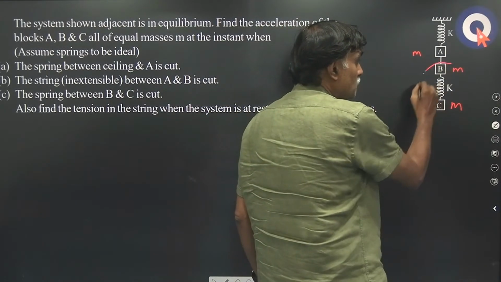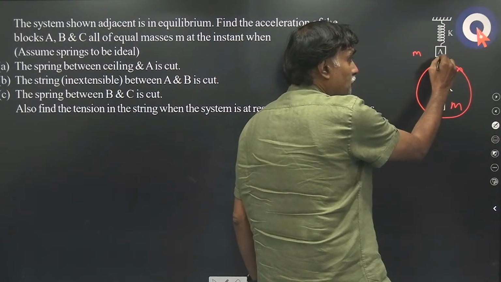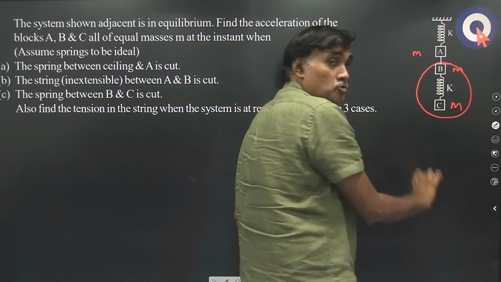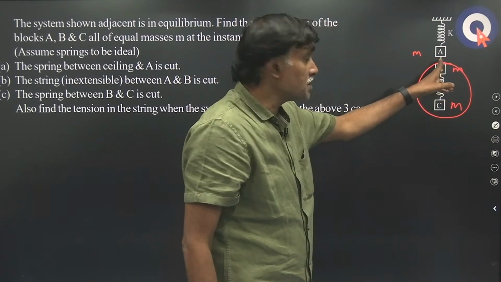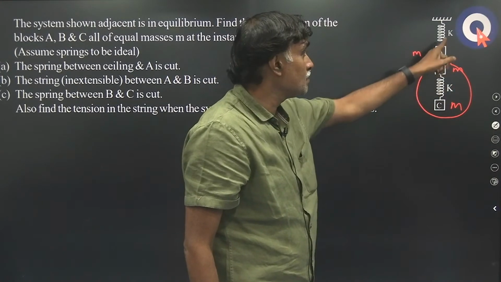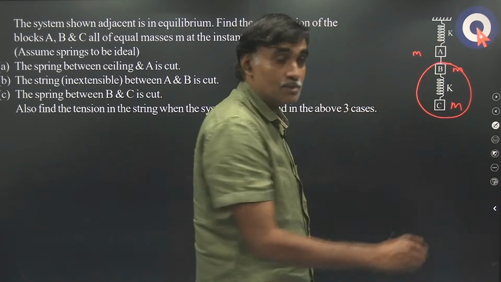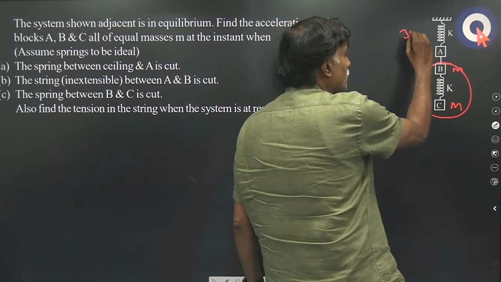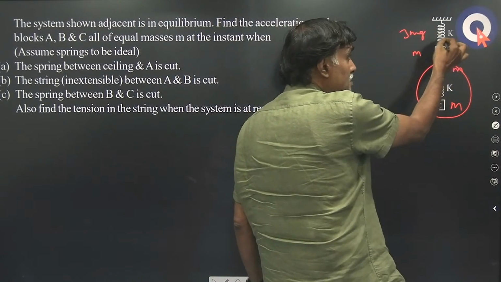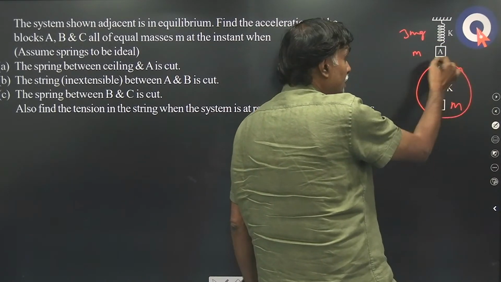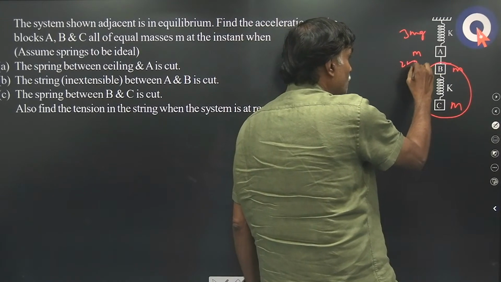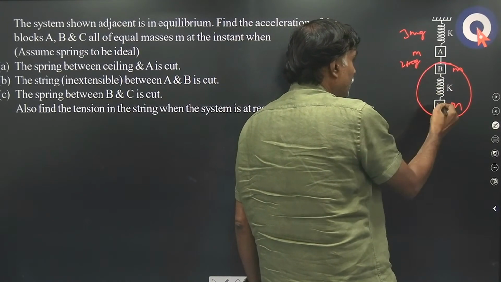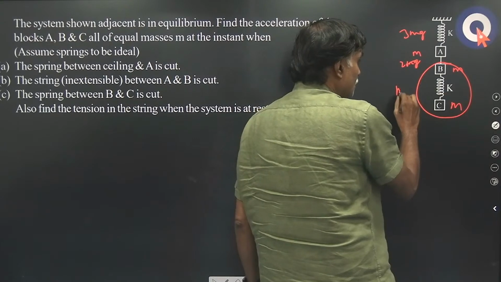Now if I consider these two as a system, what is the upward force here? Tension, and downward force 2 mg. So the tension in this string is 2 mg. Similarly, what is the tension in this spring? 3 mg initially. So the tension in this spring is 3 mg if I consider equilibrium of all three blocks, and the tension in this string is 2 mg, and the tension in this spring is mg.